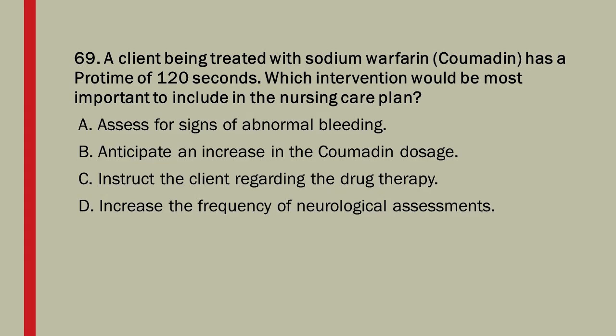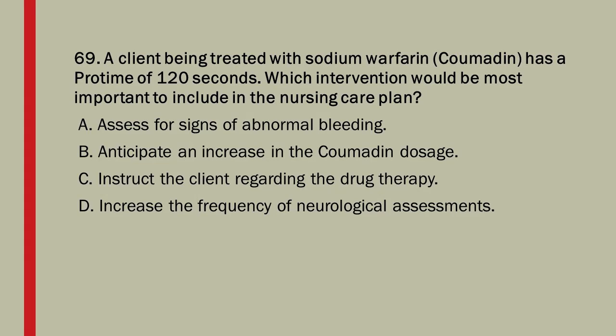69. A client being treated with sodium warfarin, Coumadin, has a Protime of 120 seconds. Which intervention would be most important to include in the nursing care plan? A. Assess for signs of abnormal bleeding. B. Anticipate an increase in the Coumadin dosage. C. Instruct the client regarding the drug therapy.